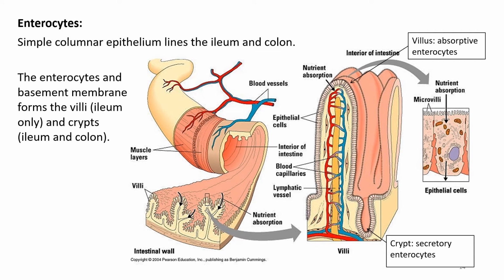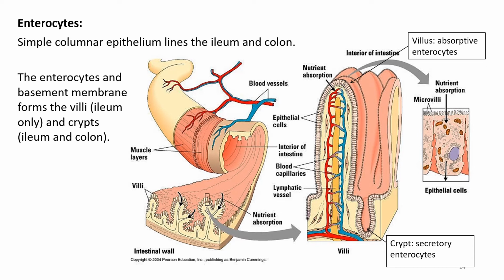Enterocytes. These are simple columnar epithelial cells that line the ileum and the colon. There are slight differences between the ileum and the colon. The enterocytes and basement membrane form villi in the ileum. So we've got these finger-like projections covered in enterocytes, epithelial cells, projecting up and down into the lumen of the ileum.